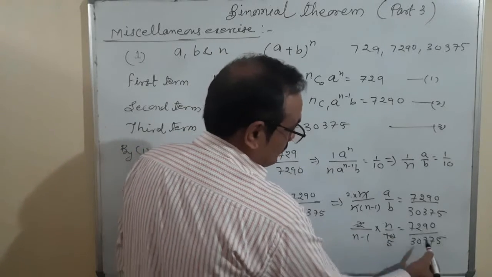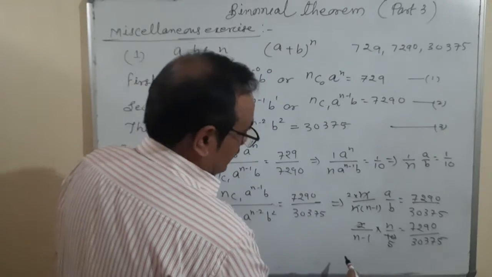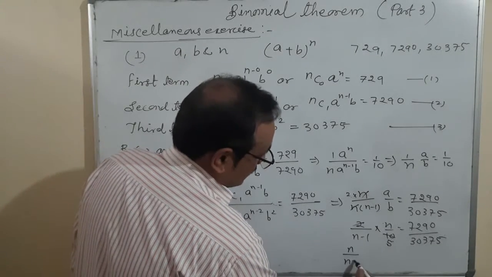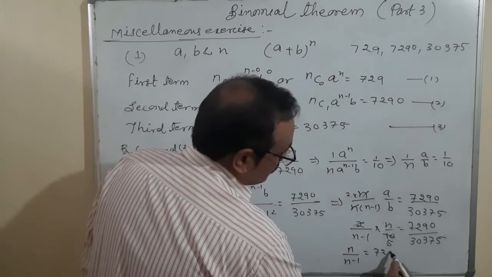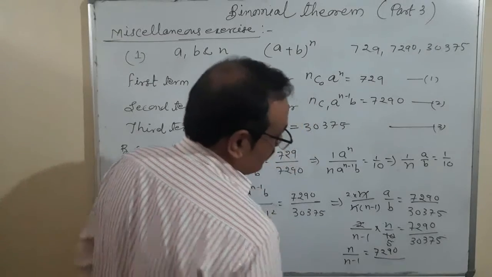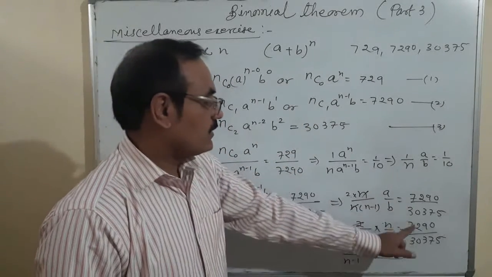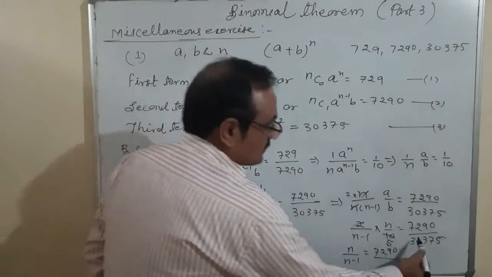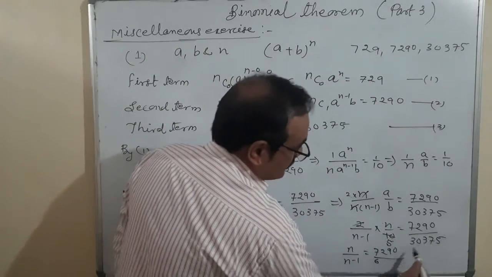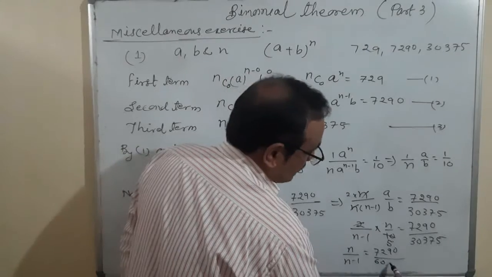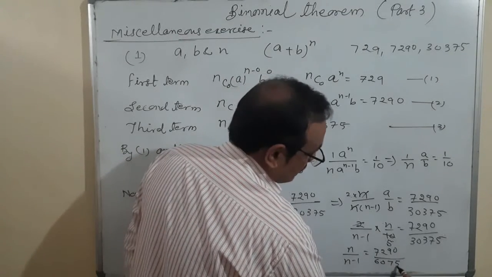So this 5 we can cancel. N upon n minus 1 is equal to 7290 upon, this 5 will be going there, so 5 can be cancelled. So 5 6 is 30, 5 7 is 35, 2 5 5 is 25.